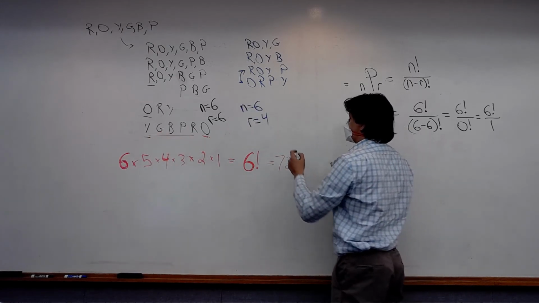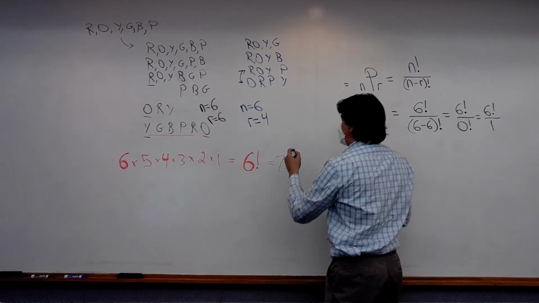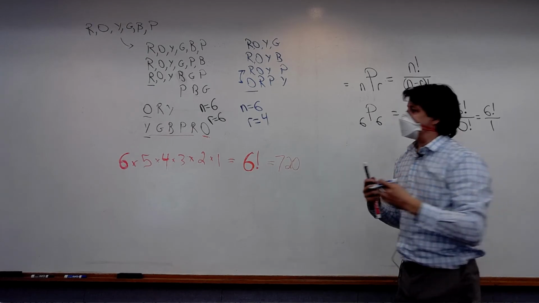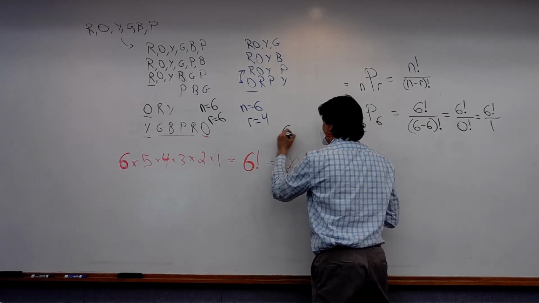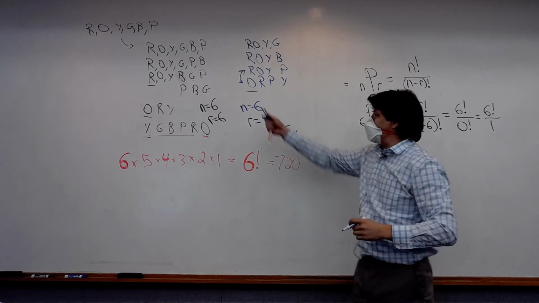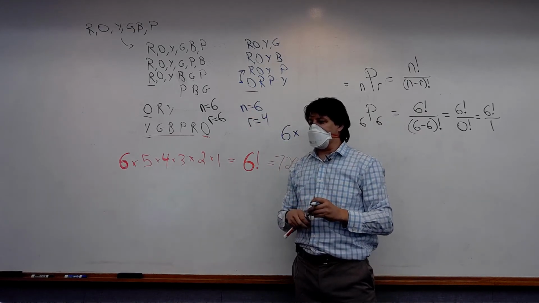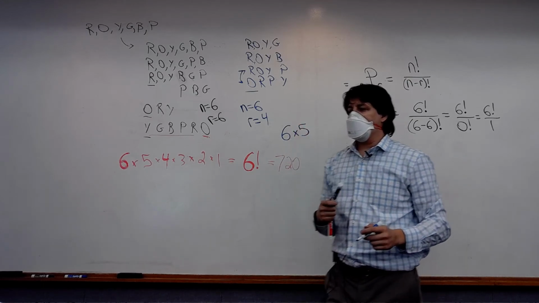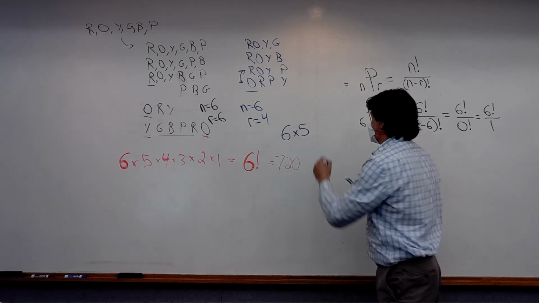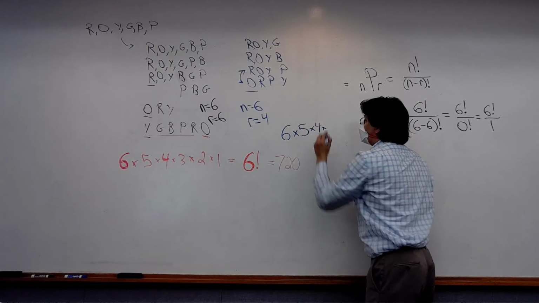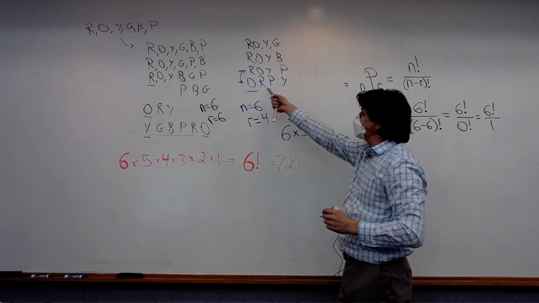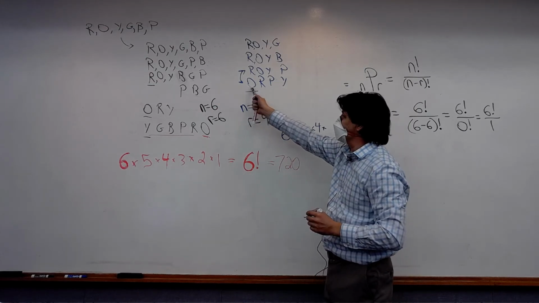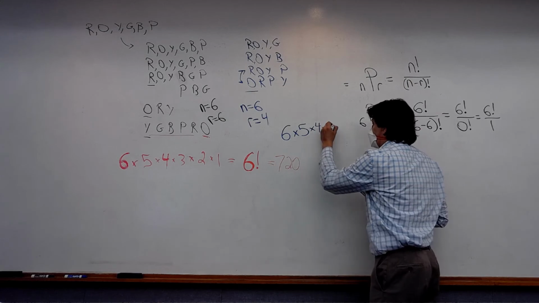In the blue case, the first slot, we also still have 6 options. Right? We could pick any of the 6 to be our first color. In the second slot, we still have 5 options. In this third slot, we still have 4. And when we get to the last slot, we still have 3 options, right? Because we've used up 3 of the colors. There's still 3 to choose from.